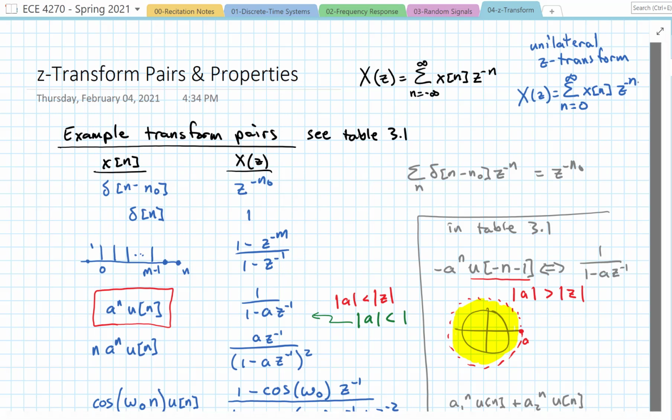So if you hear talk of the unilateral Z-transform, essentially it ensures that we have a right-sided sequence via that definition.